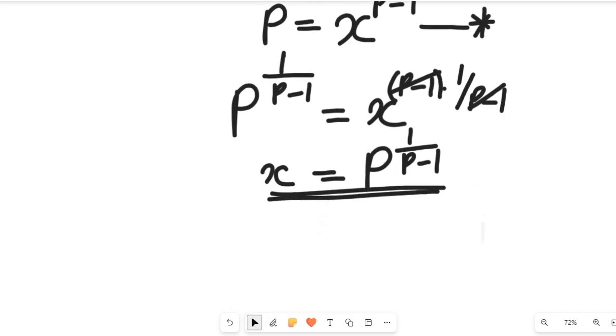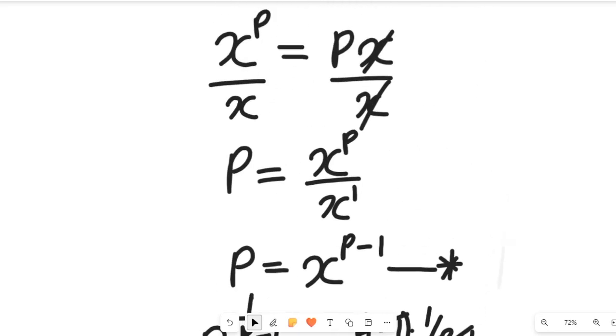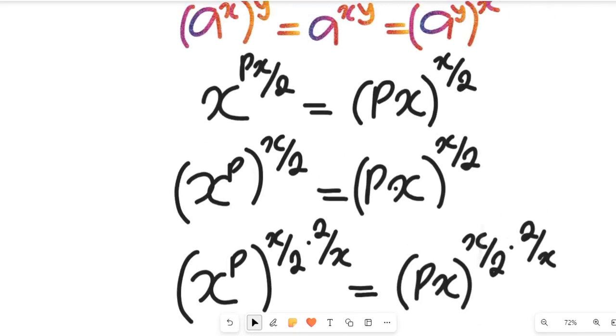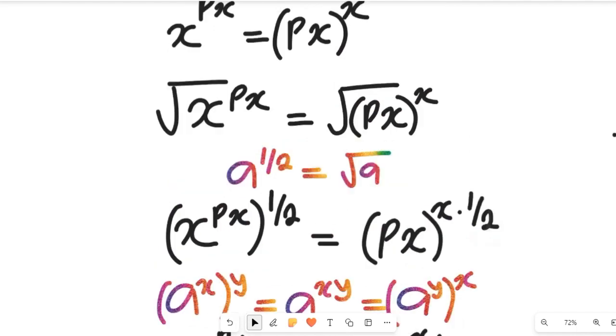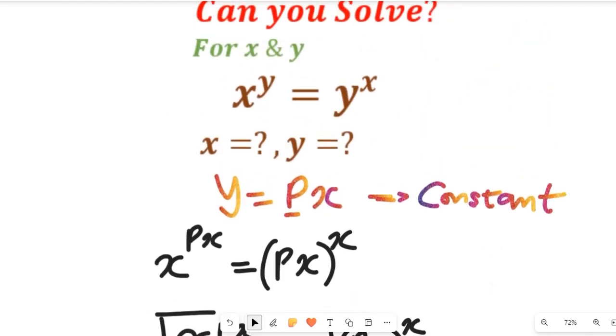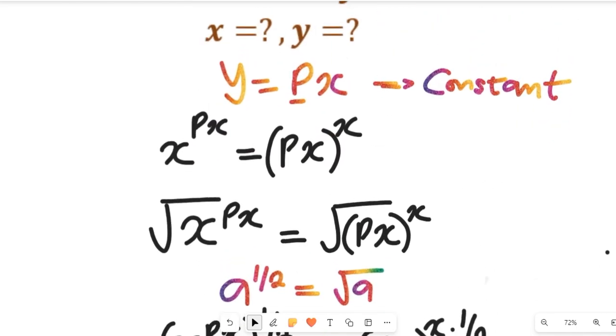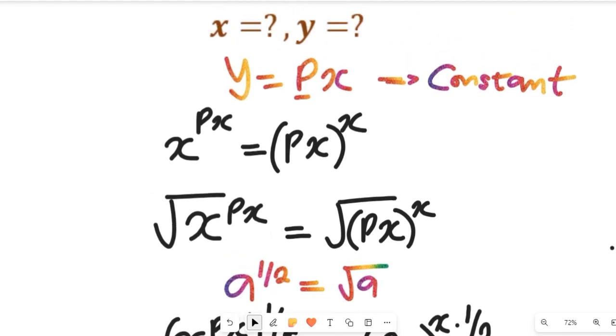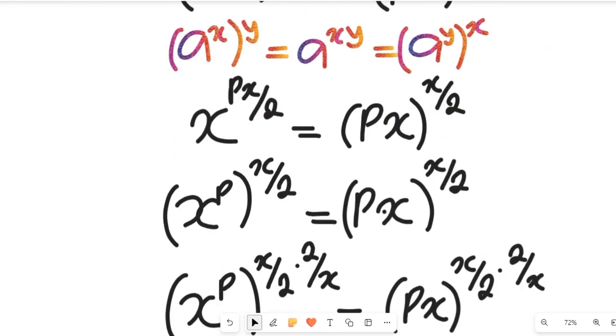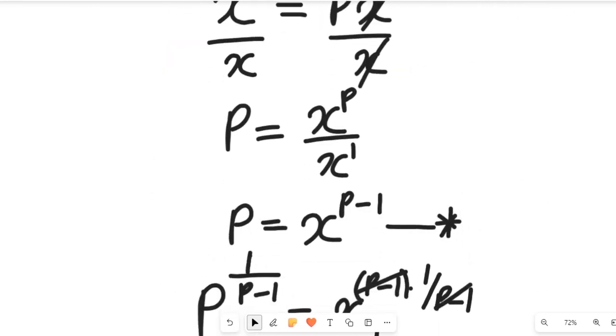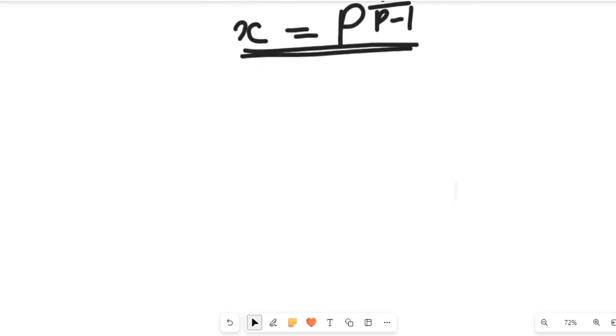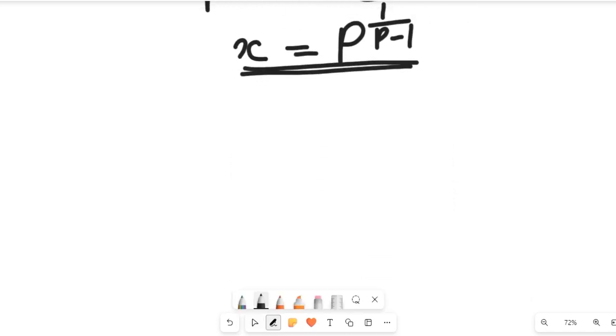Now, having gotten this value of x, remember we're looking for the value of x and y, right? So having gotten that value of x, remember that our y is equal to px. So if our y is equal to px, that means we can simply find the value of y.